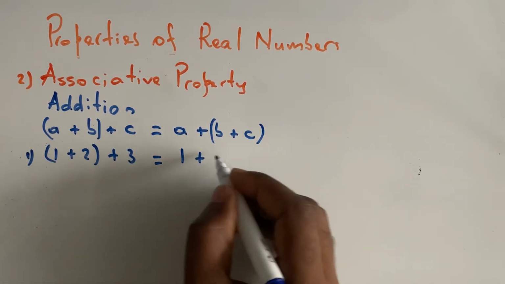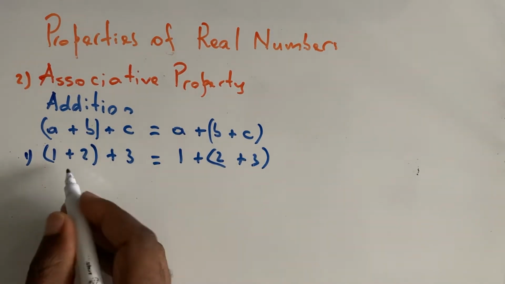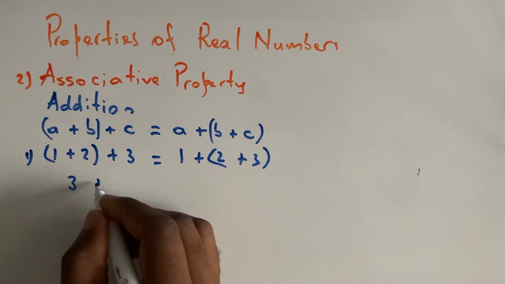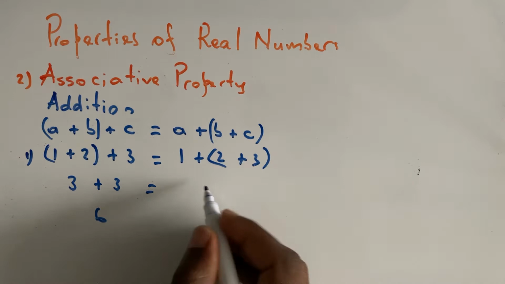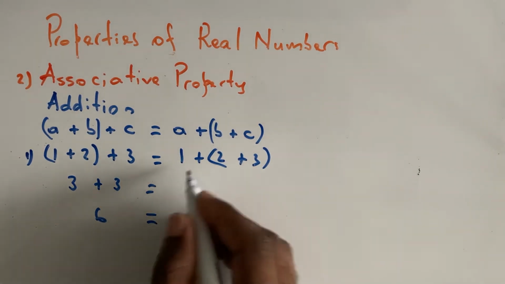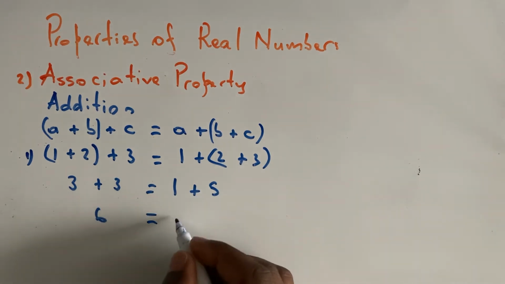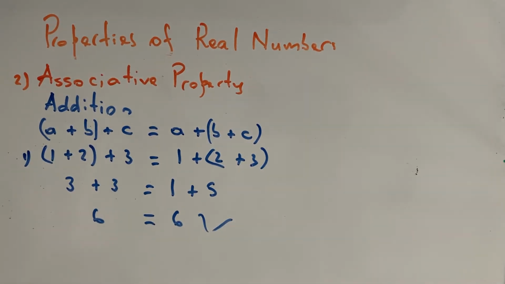You have to do the parentheses first, so 1 plus 2 is 3, then 3 plus 3 gives you 6, okay? In the other case, parentheses first, so 2 plus 3, which is 5, and 1 plus 5 is 6 again. You still get the same result, all right? So this is the associative property. It doesn't matter which one you associate, you will still get the same result.